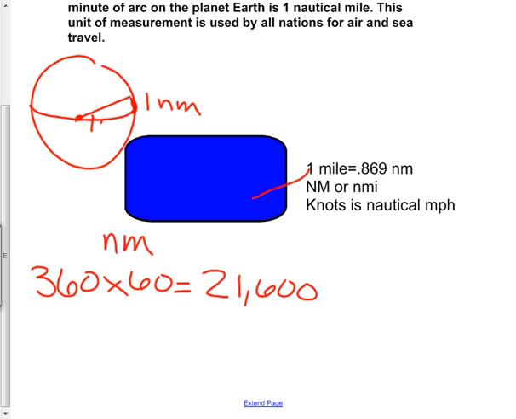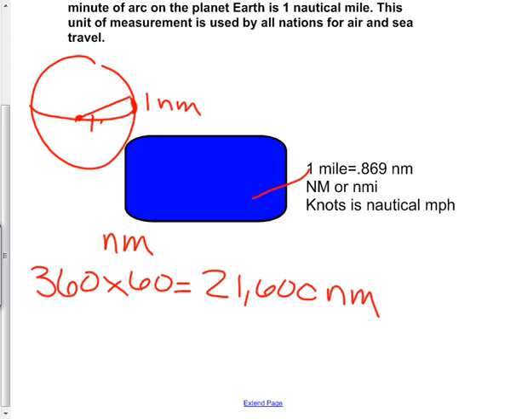So the distance around the circumference of the earth is 21,600 nautical miles. I thought that was kind of a fun, interesting fact. And you won't have to do this on the test. I just thought it would be worth taking the time because I never knew that this was how they got a nautical mile. So I thought it would be interesting to share that with you all.